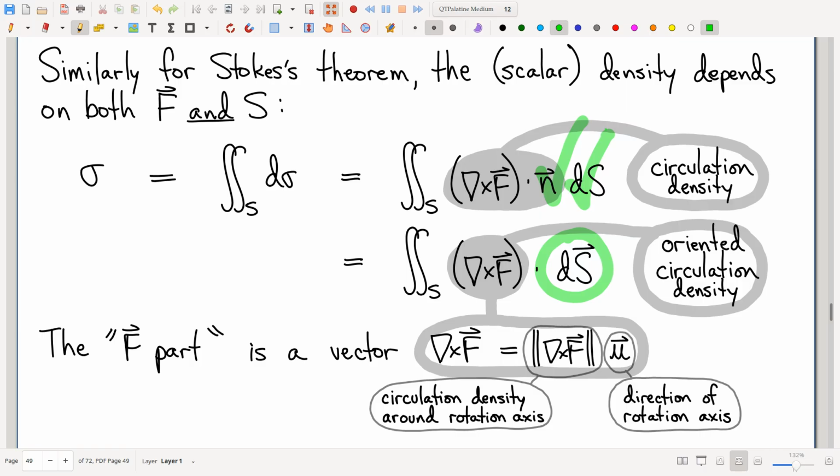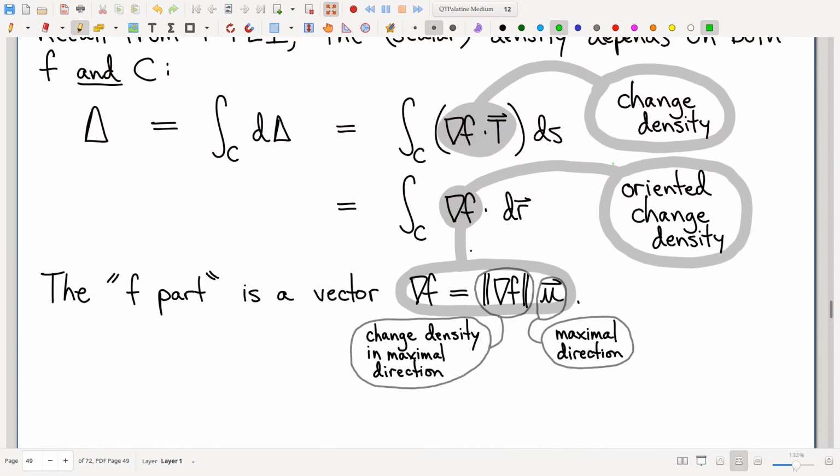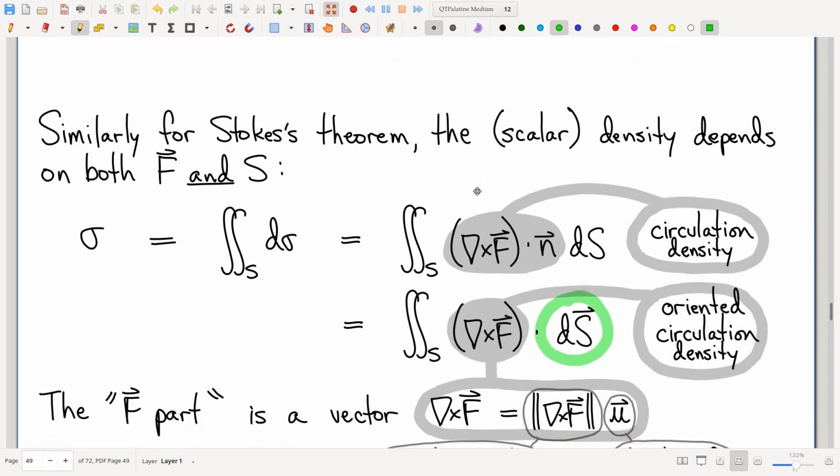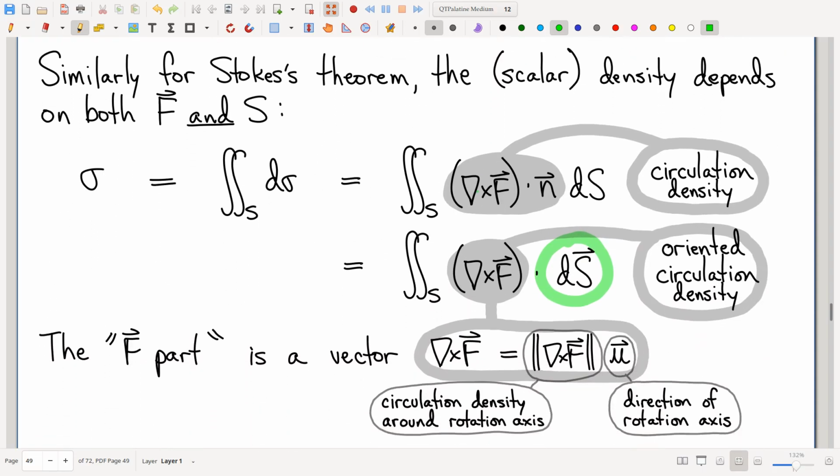So in the same way that we called dr oriented size, I'm likewise going to call this dS oriented size, and as such, this being what you multiply by oriented size to get stuff, I'm going to call this an oriented density.